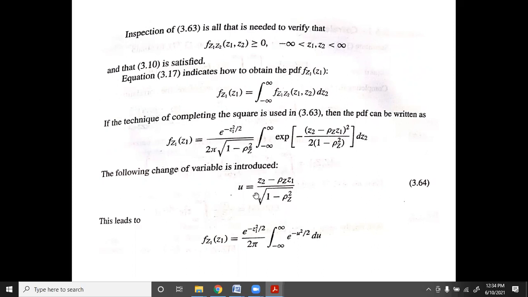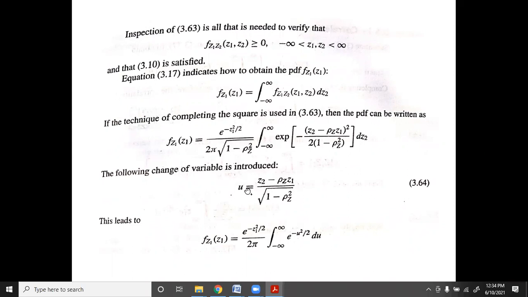Okay, so du will be dz2 minus the differential of this, which will be 0, divided by the square root of 1 minus rho z squared. So dz2 divided by the square root of 1 minus rho z squared will give you the value du. Okay, so I should mix this with this, and that will be equal to du from here.